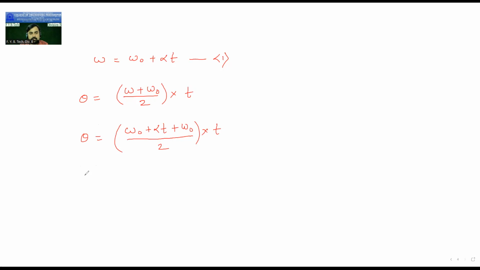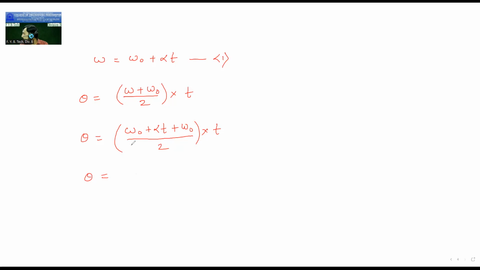Therefore theta is equal to omega 0 t divided by 2 plus alpha t into, this is t square, this is 1 by 2. So omega 0 plus omega 0, 2 omega 0. So 2 will get cancelled. And multiplied by t.